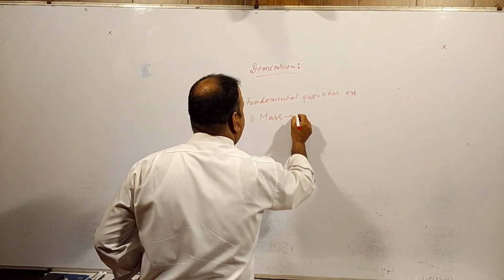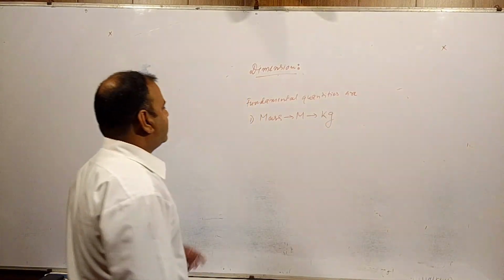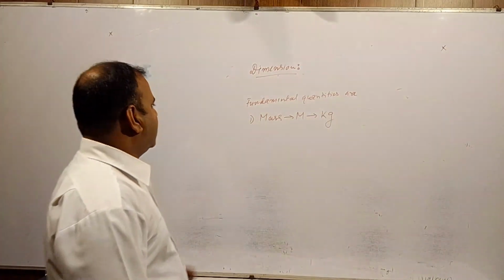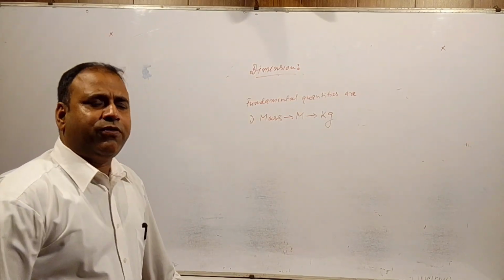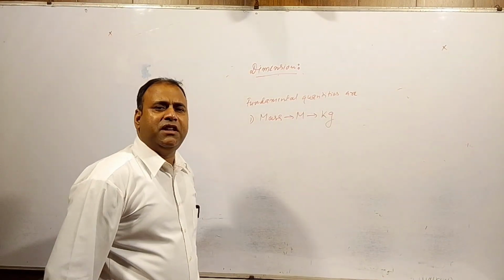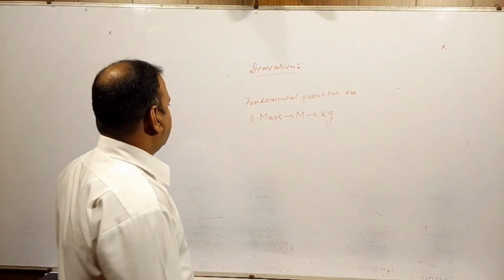It is represented by M and the unit is kg. So this is the first fundamental quantity. Mass is always considered a fundamental quantity. What is the meaning of a fundamental quantity? It is a quantity which is required to derive any formula in physics.